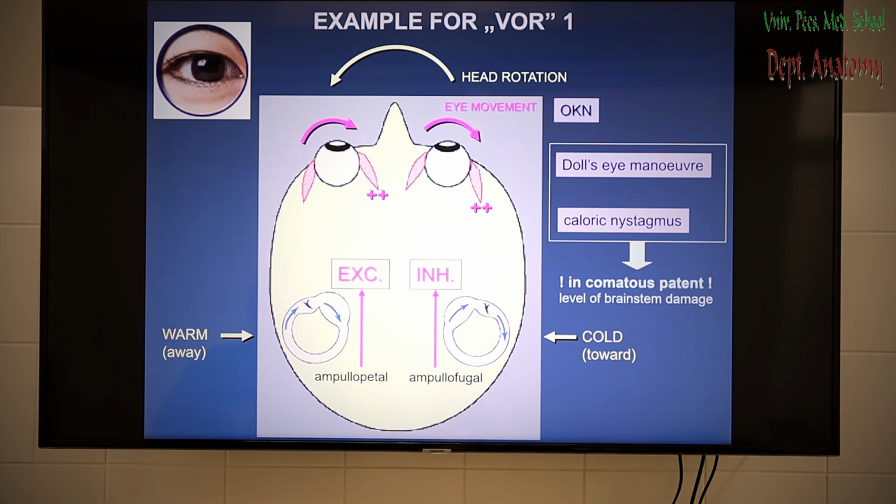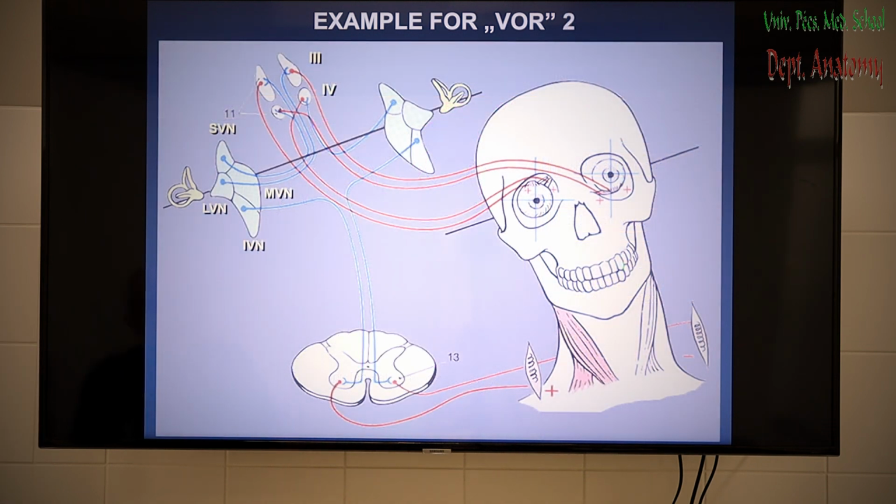It means that in a comatose patient they equally could be evoked, and therefore it's a good tool to tell the level of the damage in the brainstem, even in unconscious patients as well.